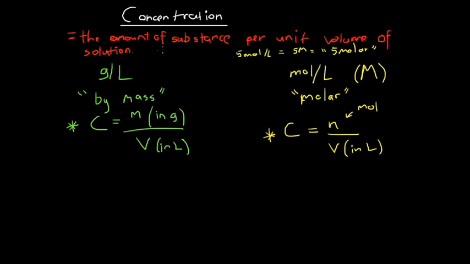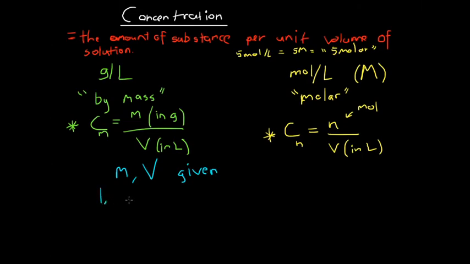But if we're told the mass and the volume and we want to find the molar concentration, which we'll call Cn for clarity, with Cm being the concentration by mass, there are two ways we can do this.